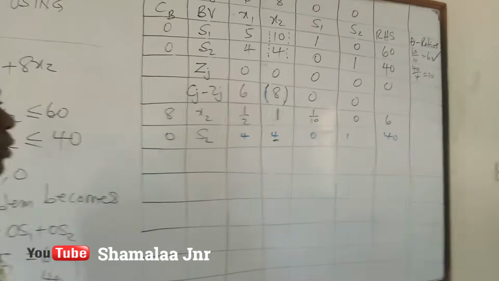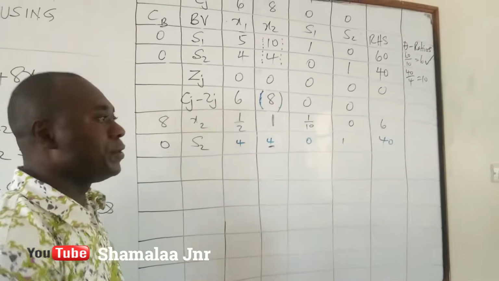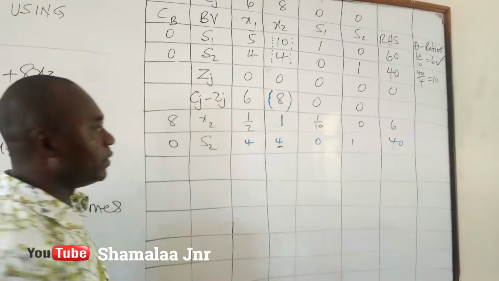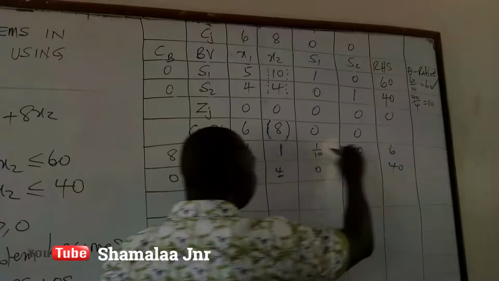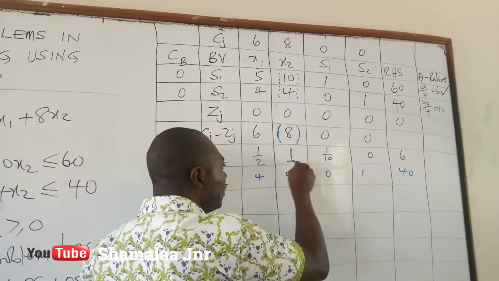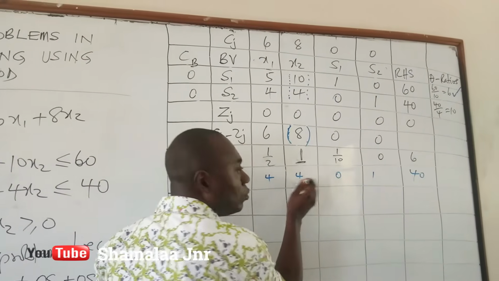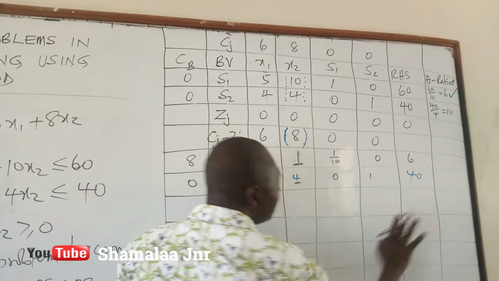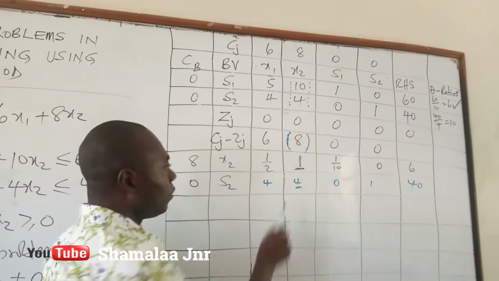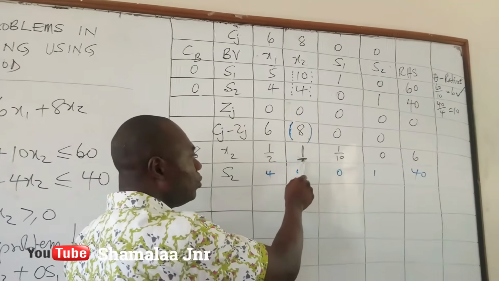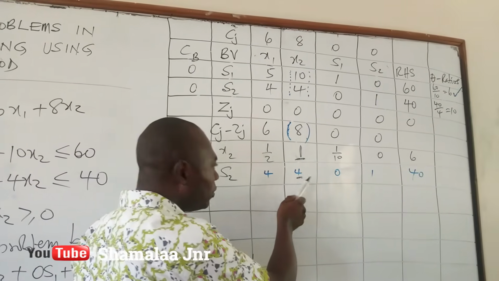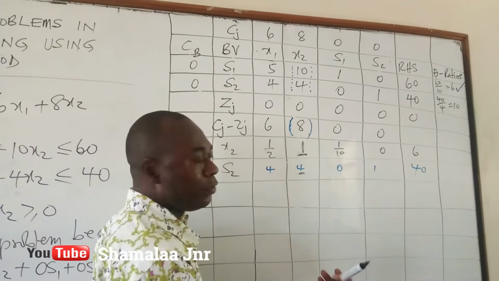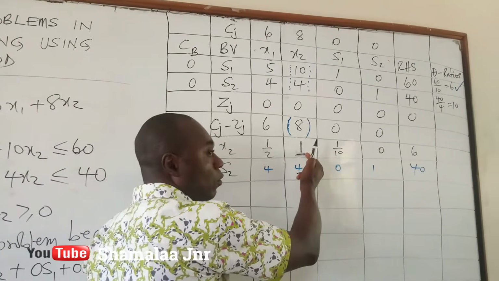So you should find a way to make this 4 to be 0. What you normally do is that, since you always use new things to change old things, and these are new numbers, you are going to use this one to make this one go to 0. And when you take a decision, it will affect all the numbers here. So if you have 1 and want to use 1 to take 4 to 0, what you can do is multiply the 1 by 4.